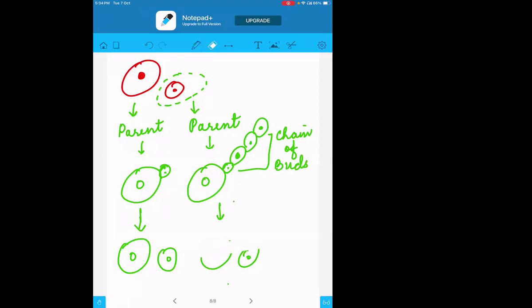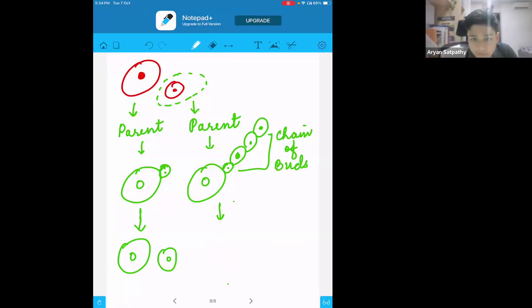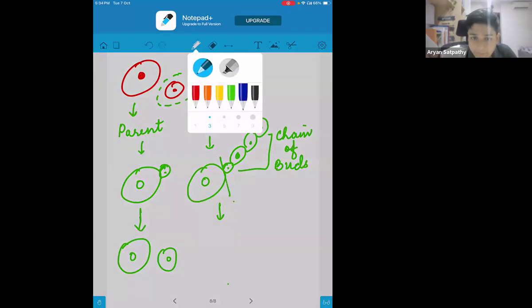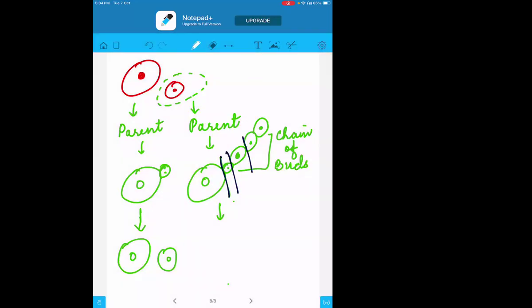Now how many cells will there be? With the parent cell included, there will be a total of 5 cells. Correct, 1, 2, 3, 4, 5. From 1, we have got another 4 also. That is how this very fast asexual method is called budding.